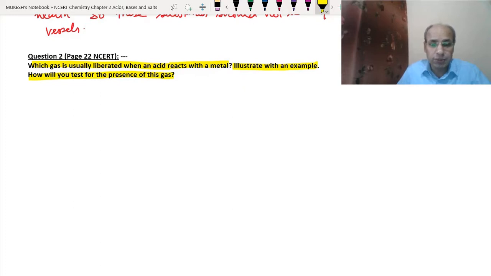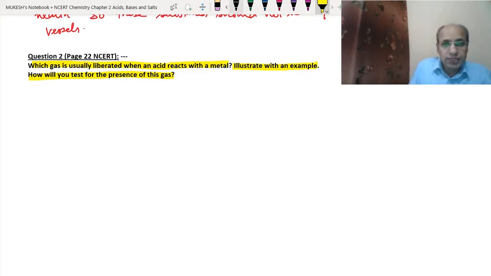So what is the answer to this question? Hydrogen gas. And how will you test for the presence of this gas? When we bring a burning matchstick or burning splinter near hydrogen gas, it burns with a pop sound. Whenever hydrogen gas burns, it gives a pop sound. So this is how we can write this answer.